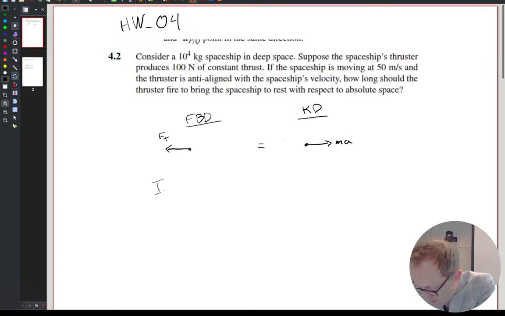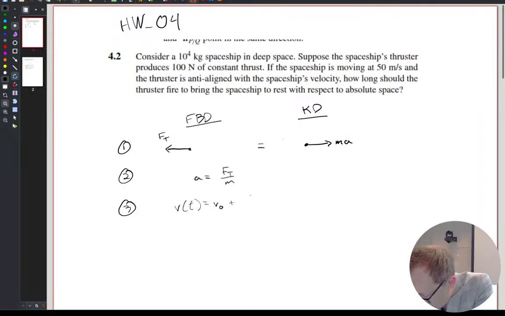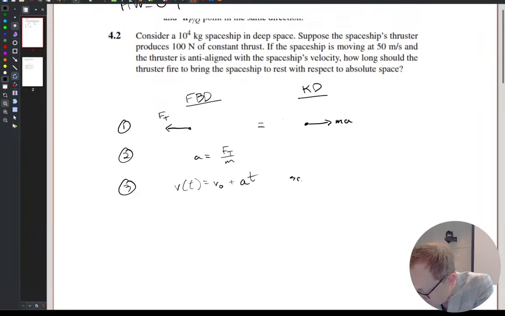So at least in this step, we would say this is step 1, step 2, A equals, step 3 is that V of t is V0. At least that seemed to be where people were thinking, but not everybody. Some people had a different kind of thought.